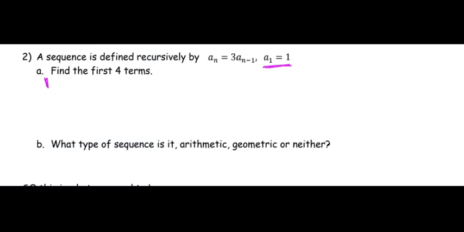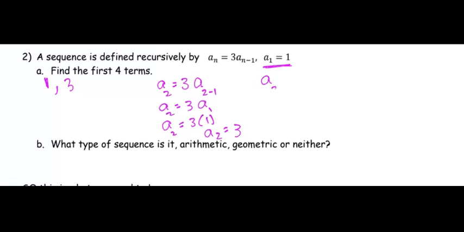Now, the second term, that means I'm going to have to substitute 2 for n, is going to be 3 times a sub 2 minus 1. 2 minus 1 is 1, so I'm going to end up with a sub 2 equals 3 times a sub 1. A sub 1 is the first term. The first term is 1. So I'm going to have 3 times 1, which is 3. So the second term is 3.